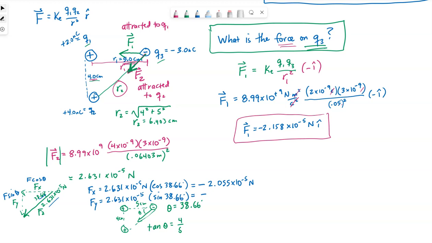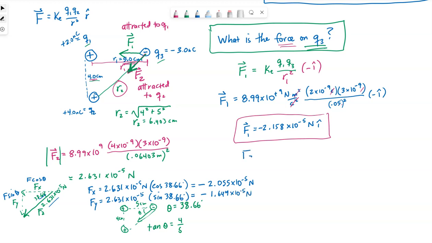And you can wait to put the negative sign on until when you write it in vector notation if you want. That's actually what I usually do. So this component, 1.643, 1.644, gotta round it correctly.